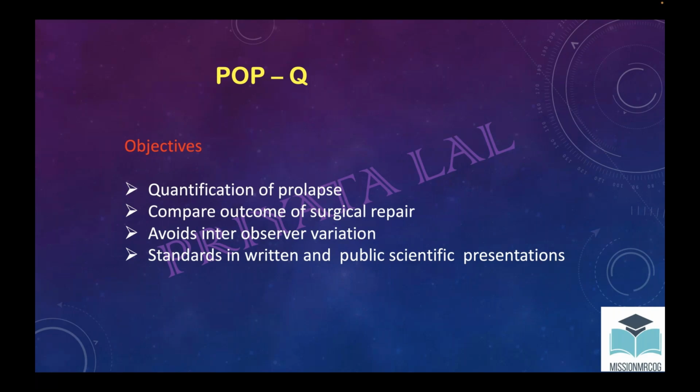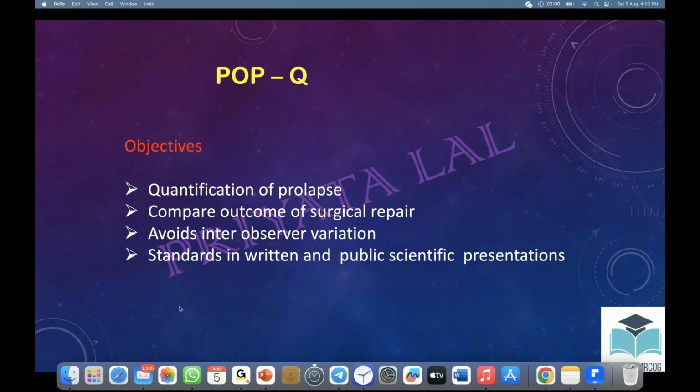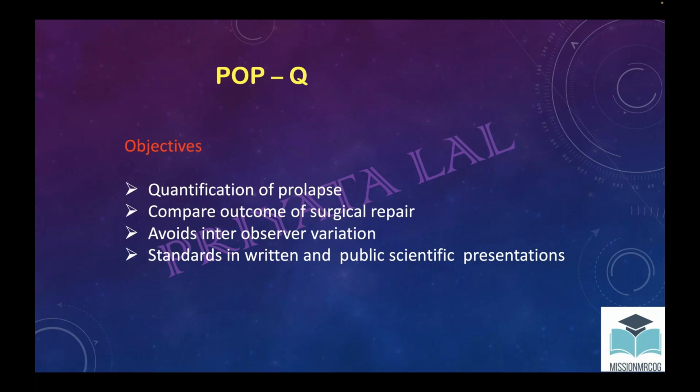It also avoids inter-observer variation. Like, I will say it is stage 2, you will say stage 3, someone else will say something else, so that observer variation is not there. Apart from this, it helps in written and public scientific presentation because you can quote it.